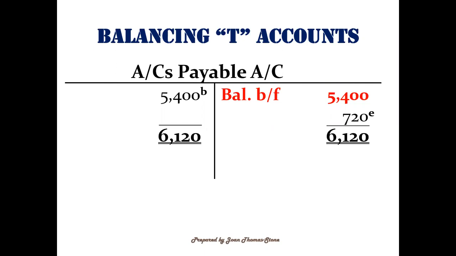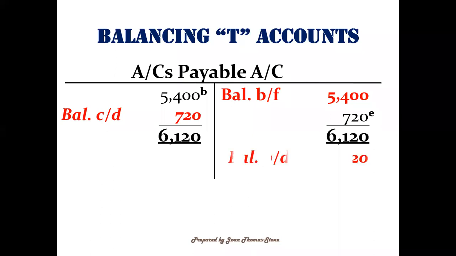So in balancing off, we find the difference between 6,120 and 5,400. And that is 720. Remember, I told you the balance is on the side with the bigger amount.